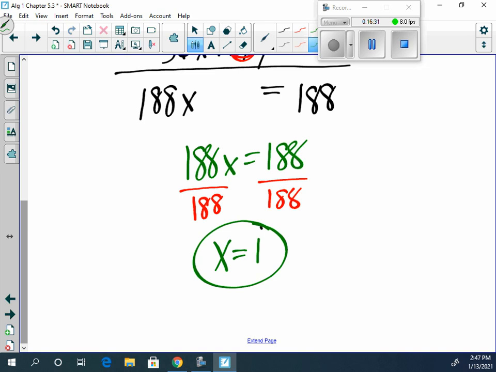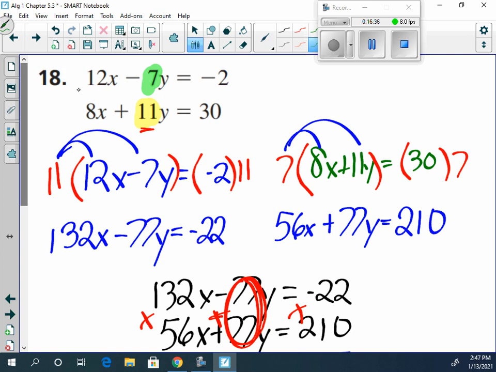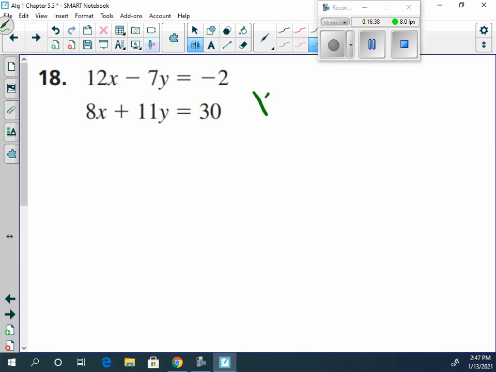But now what do we need to find? We need to find the value of y. Any questions on this here so far? You good with this here so far?